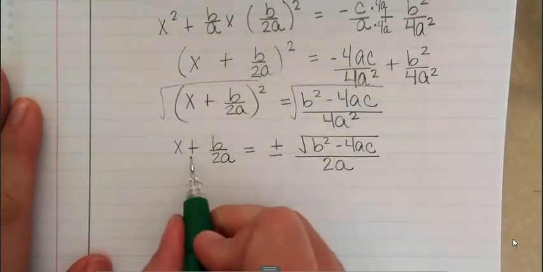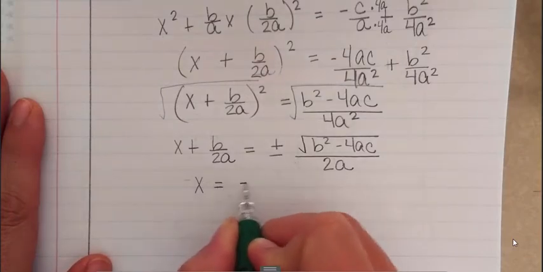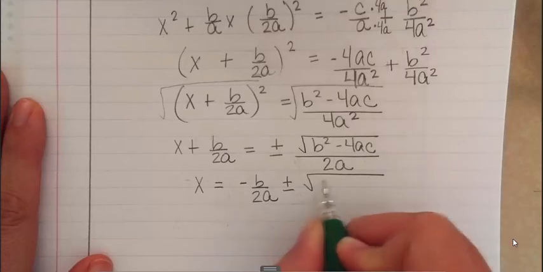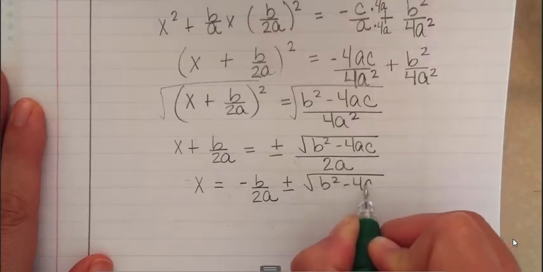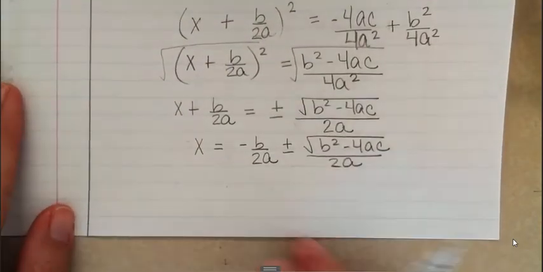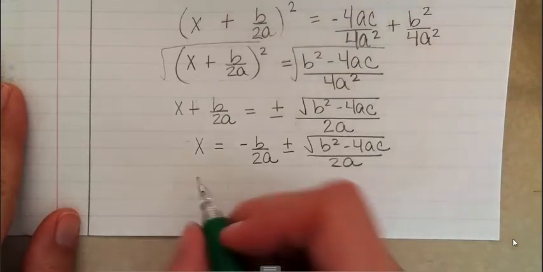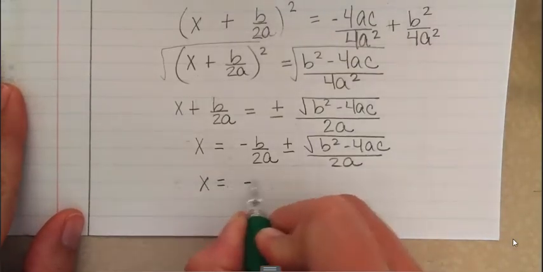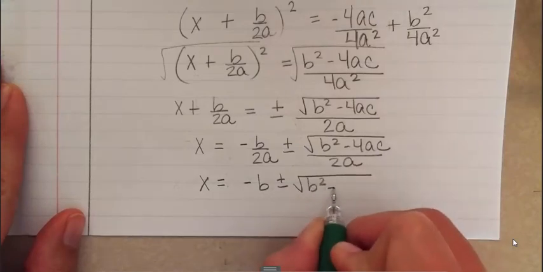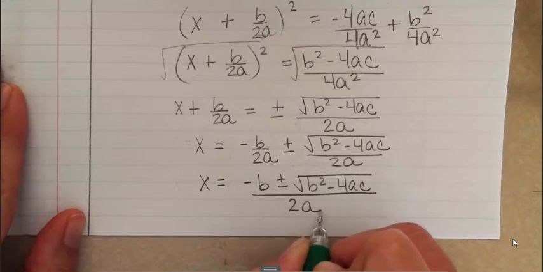From there, I'm going to get x alone, so I'm going to subtract this b over 2a. And then I can also combine these into basically one number. x equals negative b plus or minus the square root of b squared minus 4ac all over 2a.